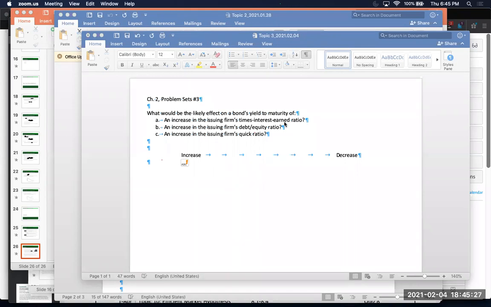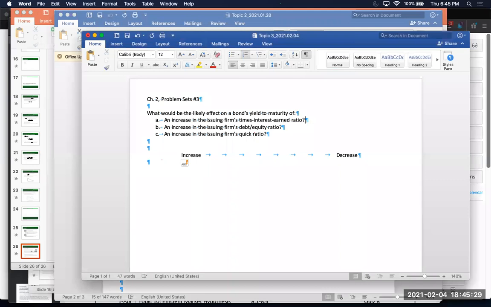Of higher EBITDA, I'm going to put this in my terms, I call it interest coverage. If I have higher EBITDA divided by interest, that goes up. Is that going to increase or decrease a bond yield?